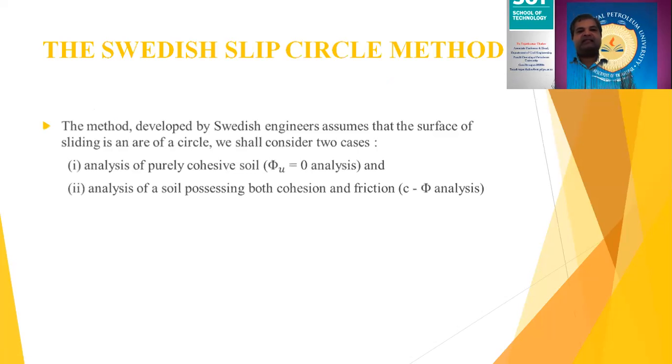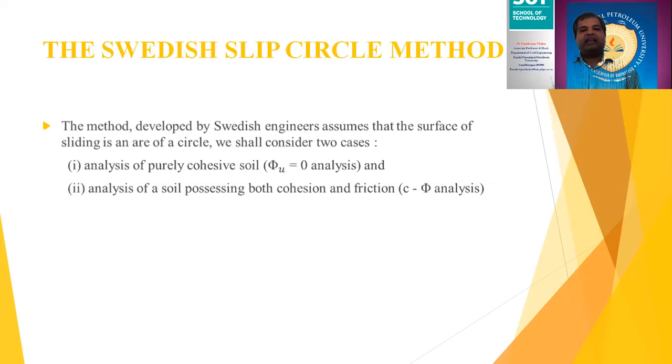Let us see what is a slip circle method of analyzing the finite slope. The method is developed by the Swedish engineer, who assumes that the surface of the sliding is an arc of the circle. So he has assumed the circular failure of the slope. We can consider two cases for such failure.